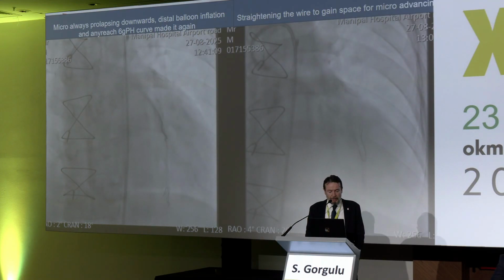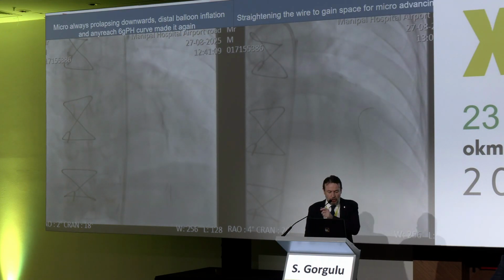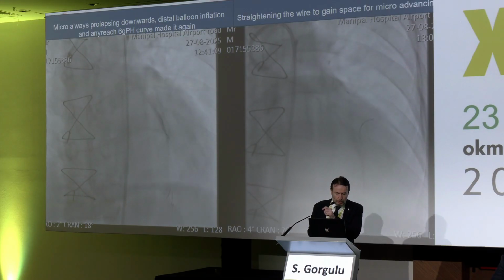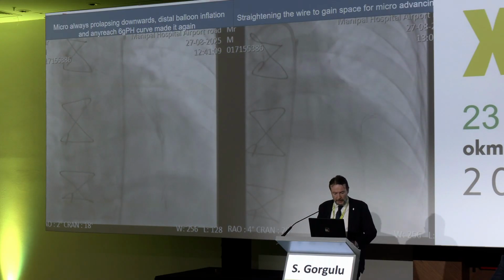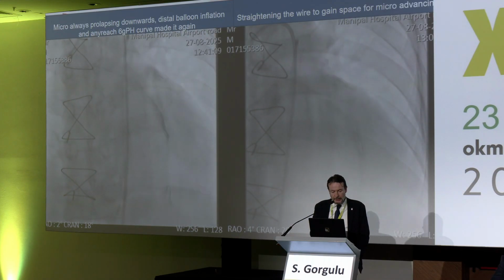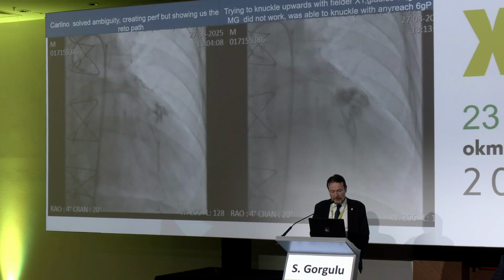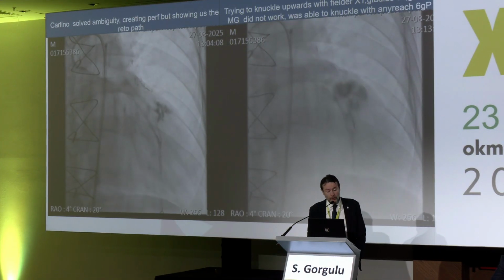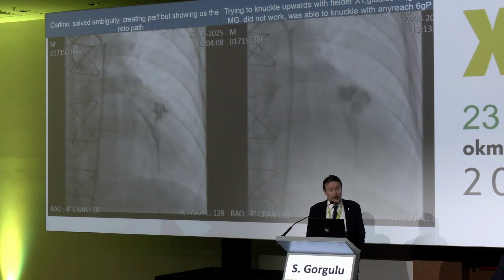And then what we have done, we were able to somehow engage into the vessel itself. And you can see we brought the microcatheter upwards. The visibility is not that good. But here you can see, and then what we have done, a Carlino, yes, and the Carlino solved the ambiguity, creating a perf.